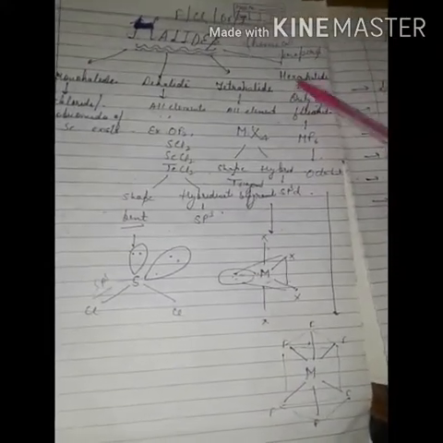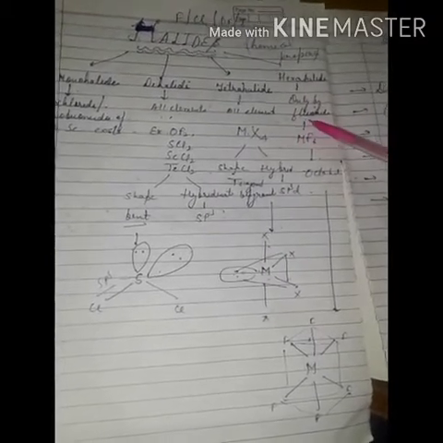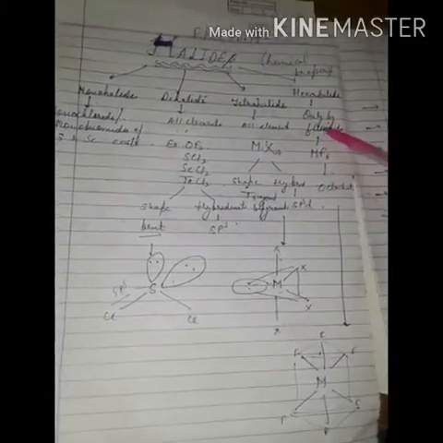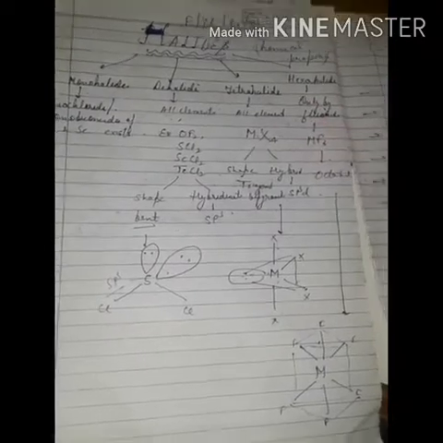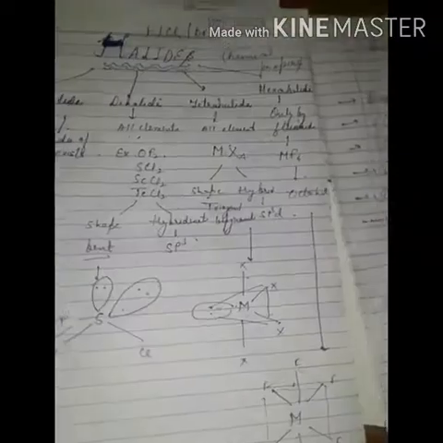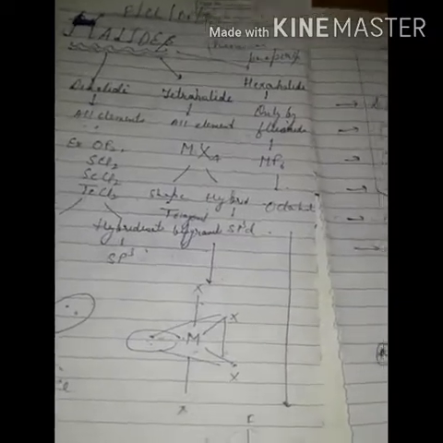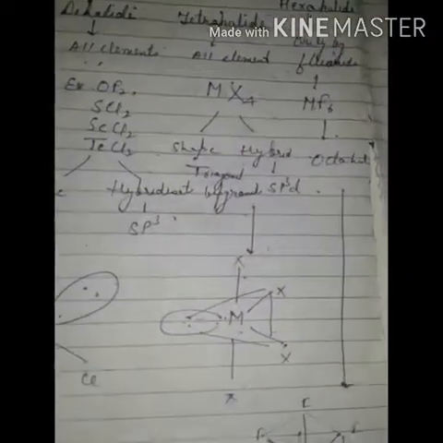Now the last one is hexahalide. As the name says, there will be 6 halogens involved. It is only shown by fluoride. Why is it only shown by fluoride? Because of its extremely small size. Hexafluoride means we require 6 halogens around a central atom. So if their size increases, then they are going to create a problem in the arrangement.